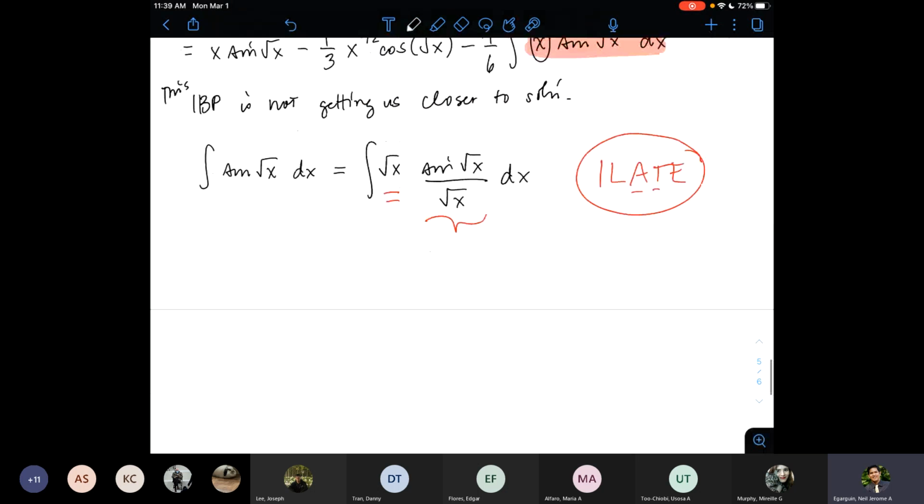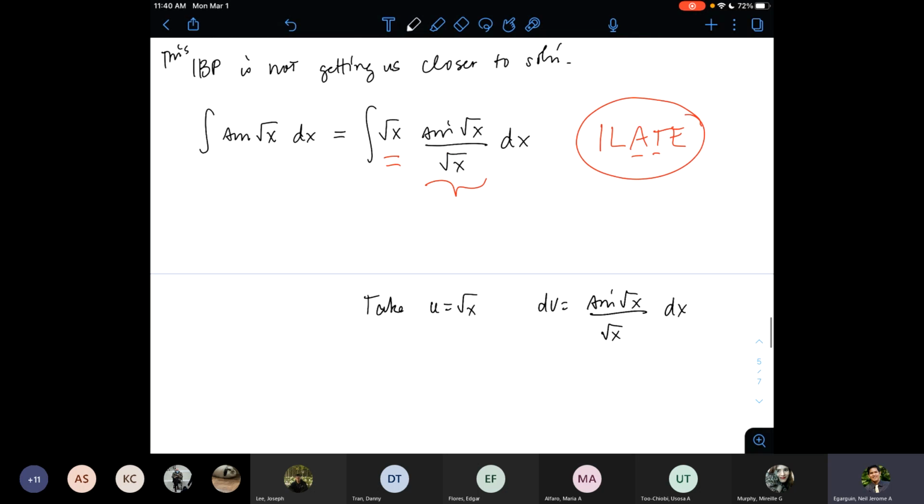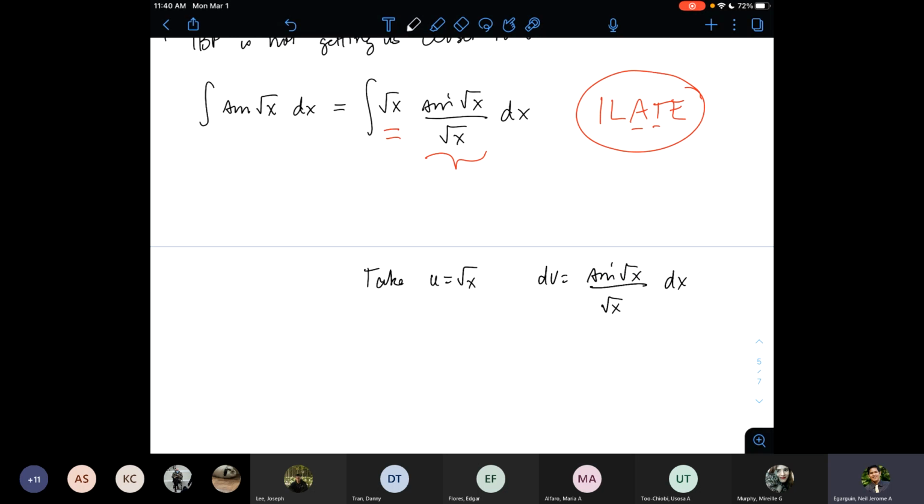So here I will take u to be root x, and then dv to be sine root x over root x dx. Okay. Then if I do so, du will be 1 over 2 root x.